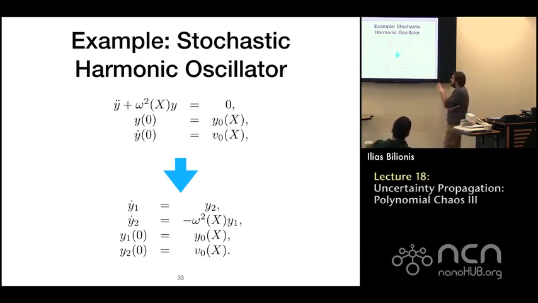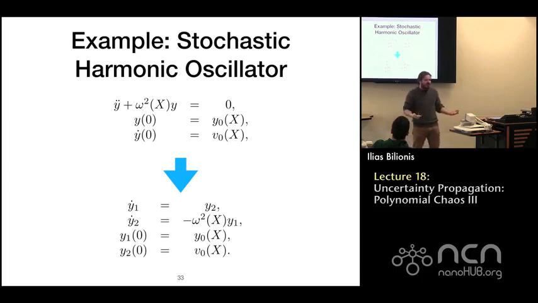So here I'm just taking a harmonic oscillator. All right? So you have here y could be the displacement of a spring. Omega is the natural frequency of the spring. Okay? So this thing, if you displace it a little bit, it's going to be going like that. And the only problem is that the natural frequency is uncertain.